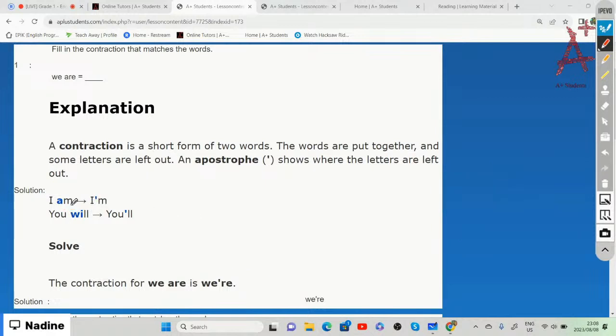All right. Then we also have these other two words, you will. You will is two words, and the contraction is a short form of these two words. It's like saying you'll. So instead of saying you will, you can say you'll.